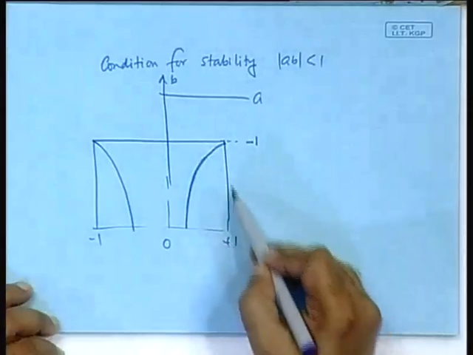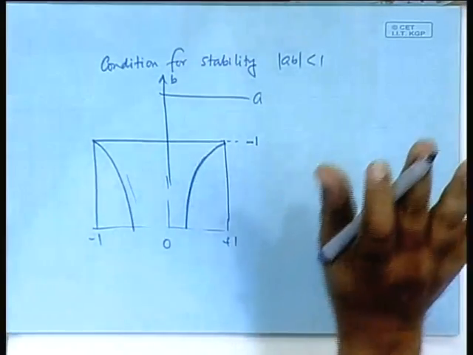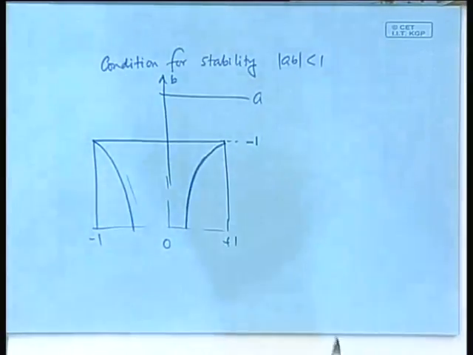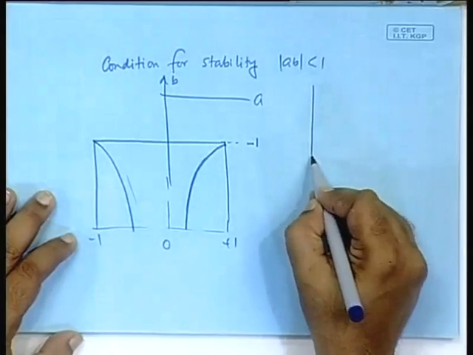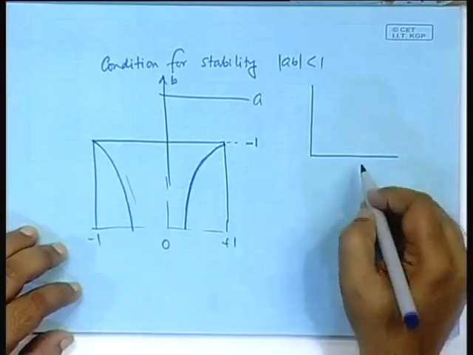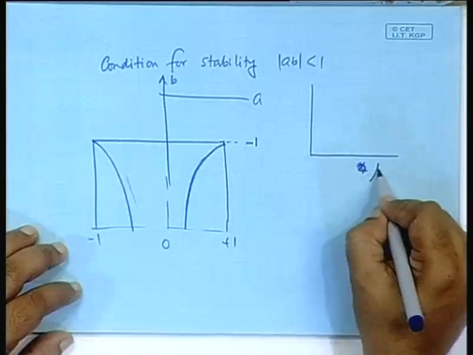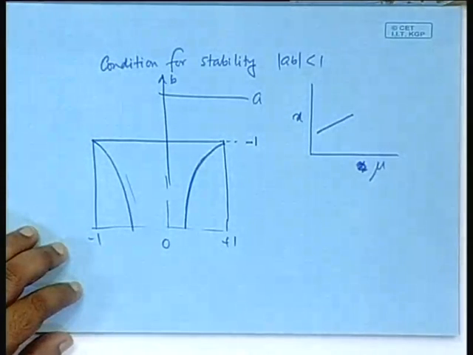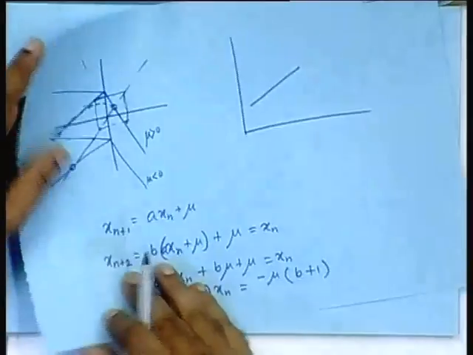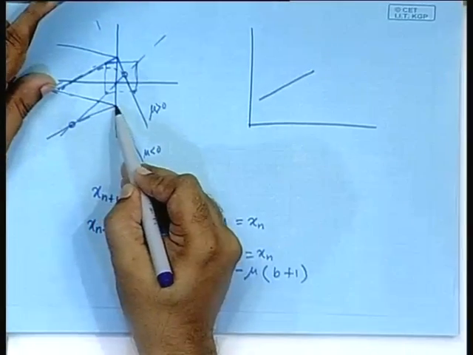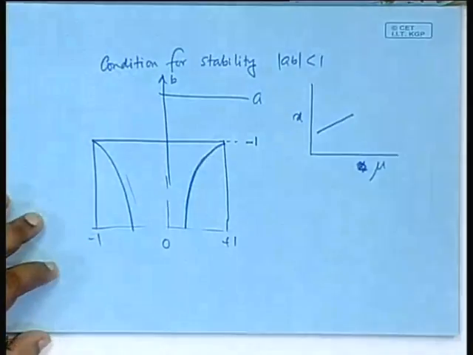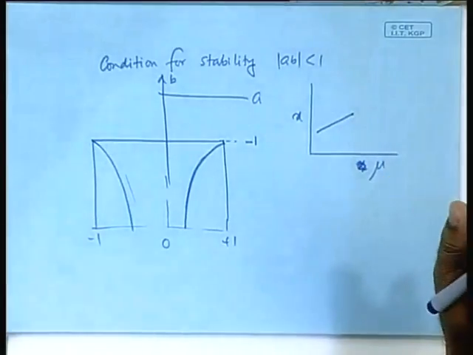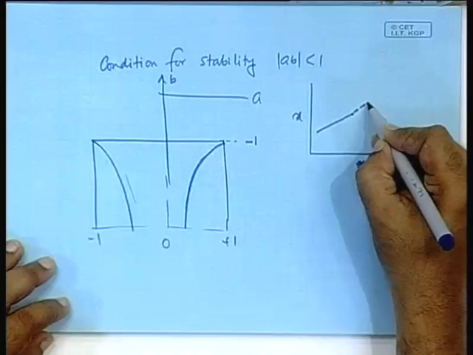What happens here in this part? In this part, we understand that the period 2 orbit will occur. If we now draw the bifurcation diagram, how will it look? Mu here, X here. It will be stable so long as the point is moving towards this point, and then at this point it becomes unstable, and the period 2 orbit then becomes stable, but its behavior will be a bit different.